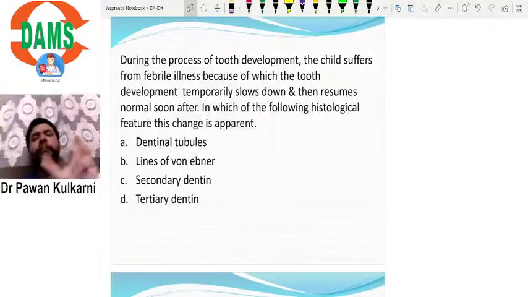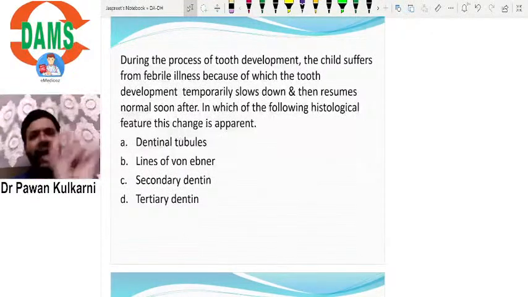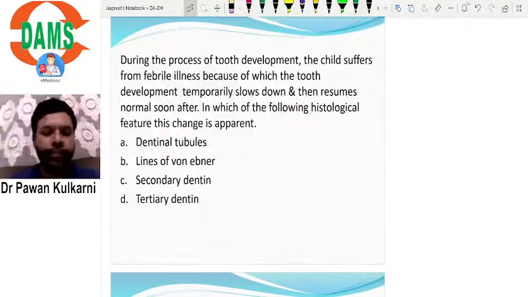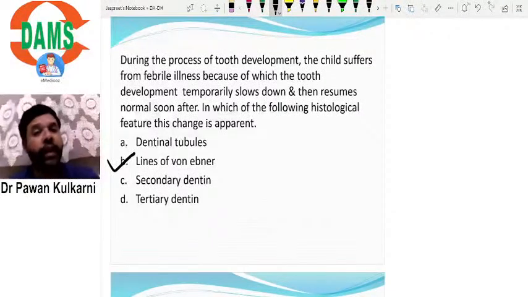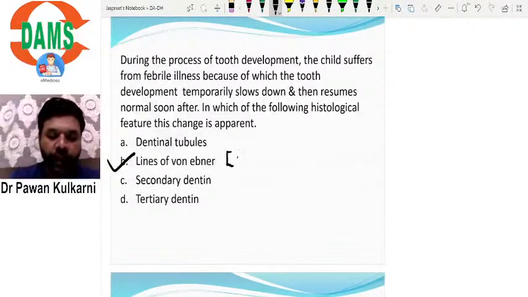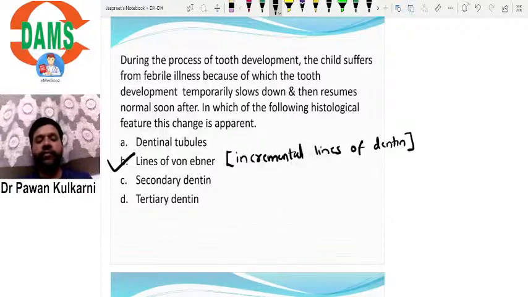Normally, enamel and dentine are deposited at the rate of 3.5 to 4 microns per day. So in between each day, you will see one line, that is nothing but the incremental line. Because of the fever, because of the illness, the lines of von Ebner will be abnormal. Lines of von Ebner are the incremental lines of dentine.